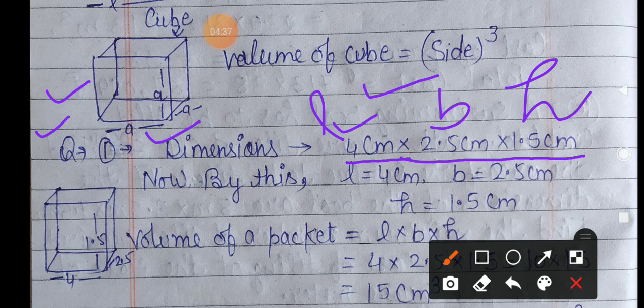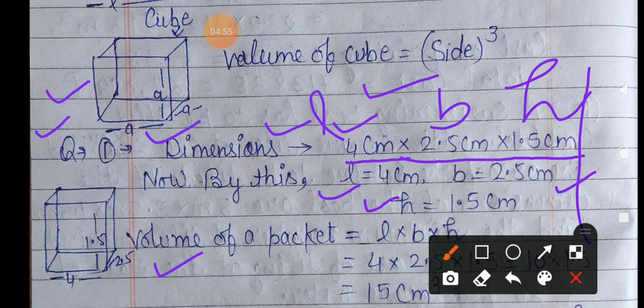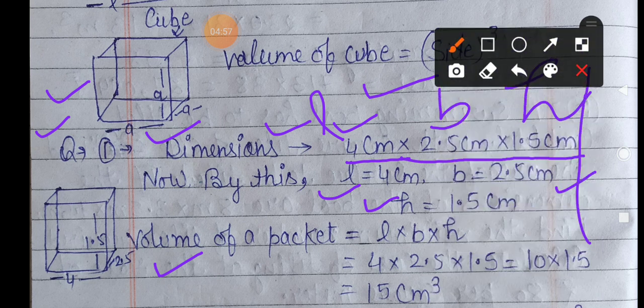With the help of these dimensions we have to find the volume. L is 4 centimeter, breadth is 2.5 centimeter and height is 1.5 centimeter. Then you have to find the volume of one packet. This is the formula we apply: L into B into H, the formula of the volume of a cuboid.